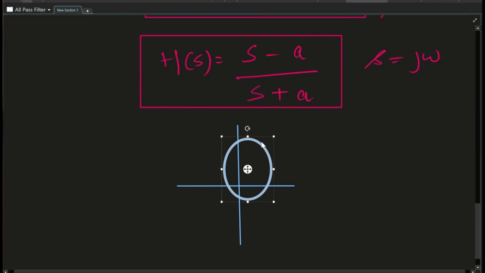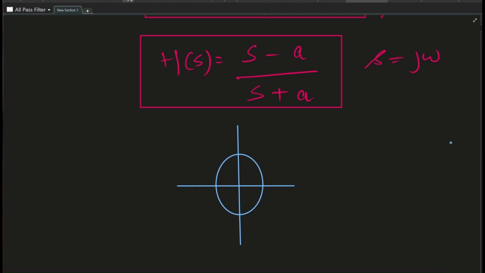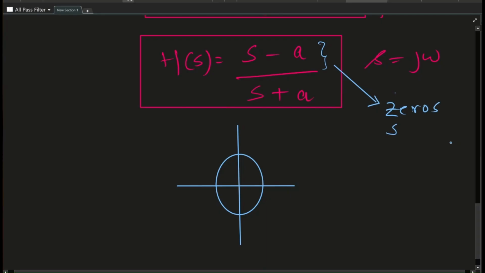Doesn't look too great, but let's just assume that this is a unit circle. So what does this numerator give? Numerator gives us the zeros of the system. And where is the zero? The zero of the system is at s equal to a, which means the zero of the system is lying here at a.